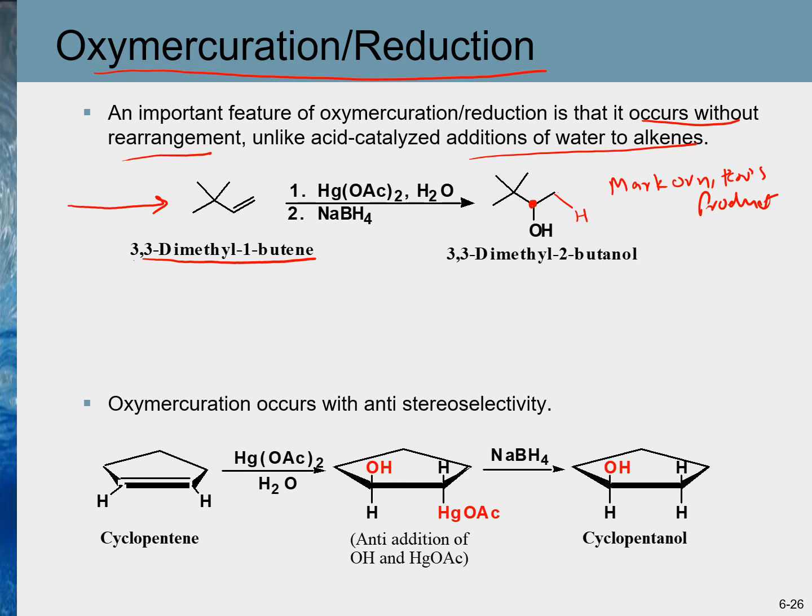On the other hand, if we use same alkene and try to perform the hydration in presence of acid catalyst, the major product will be the one where rearrangement will take place, and the product will be this one.